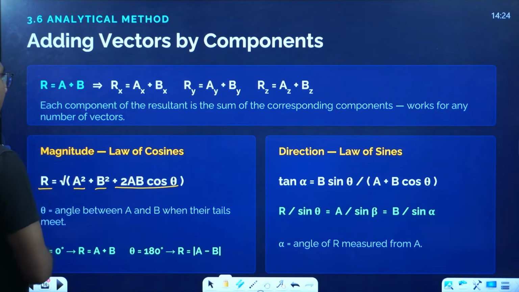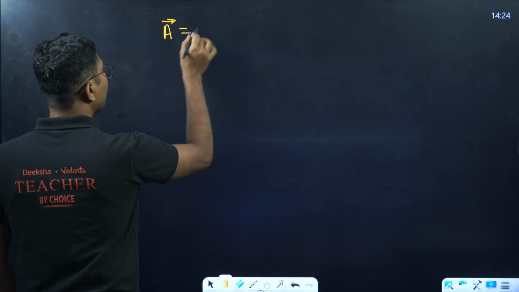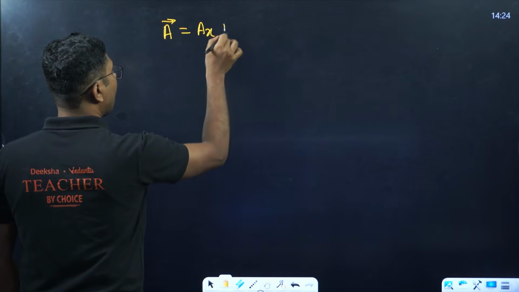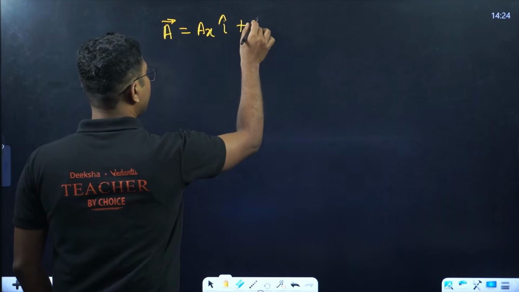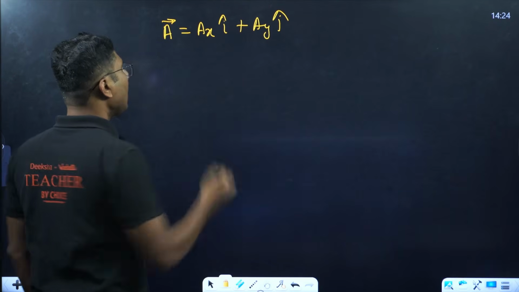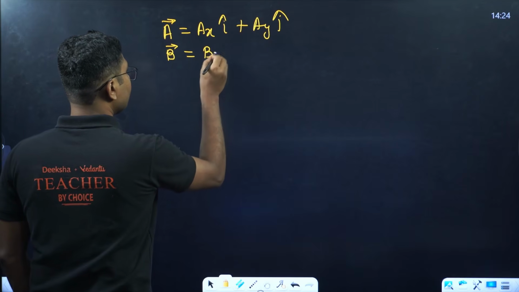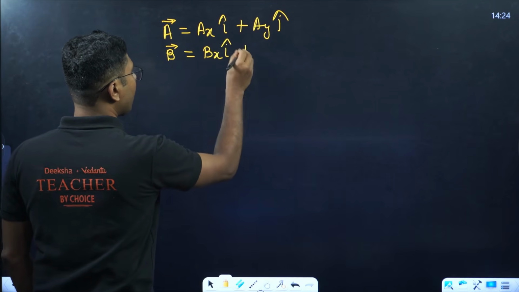Suppose we have two vectors, say a vector equals ax i cap plus ay j cap, and another vector, say b vector, it also has two components.